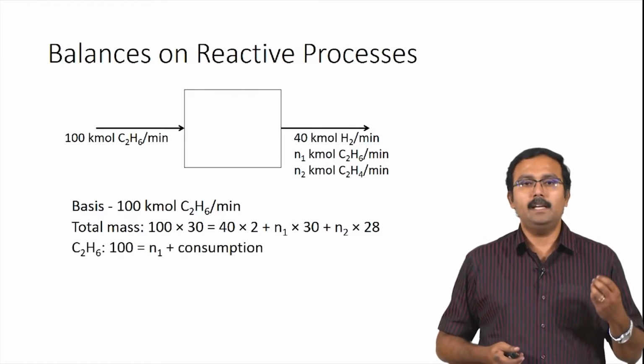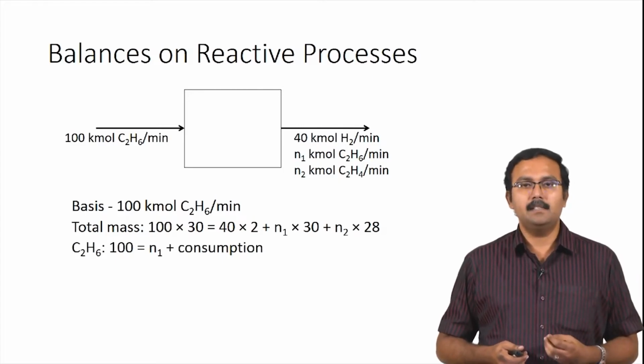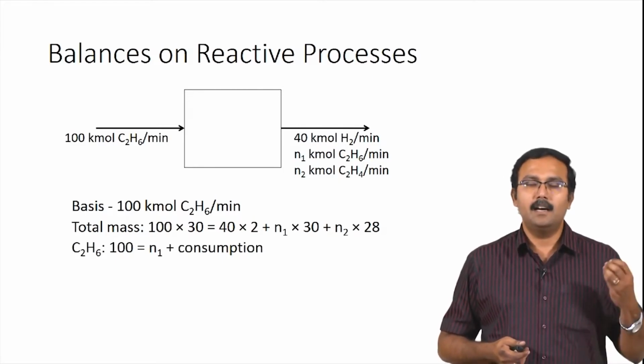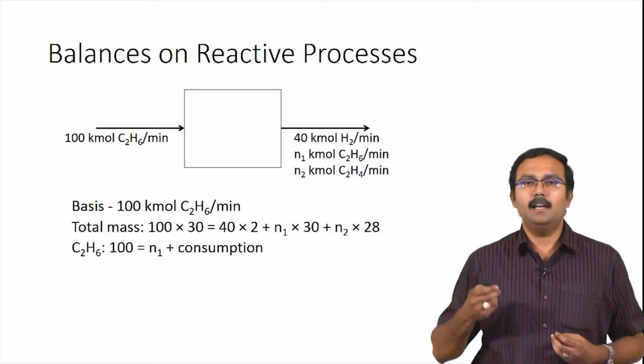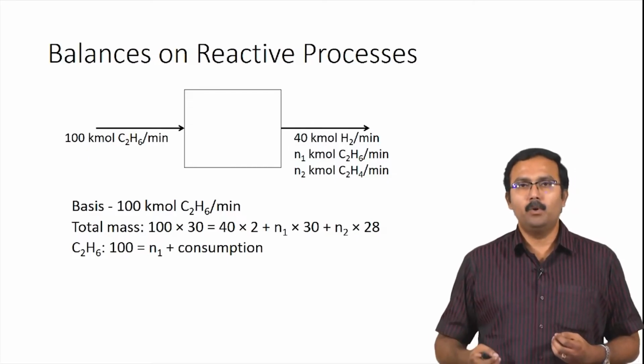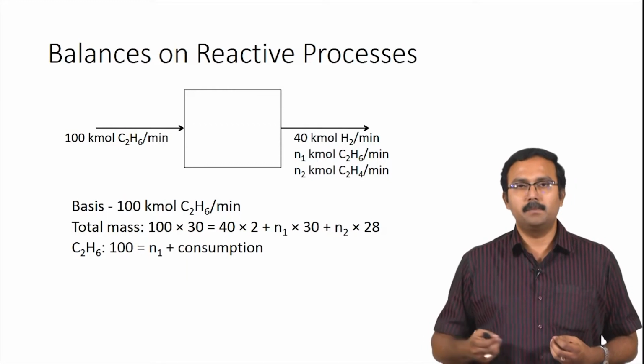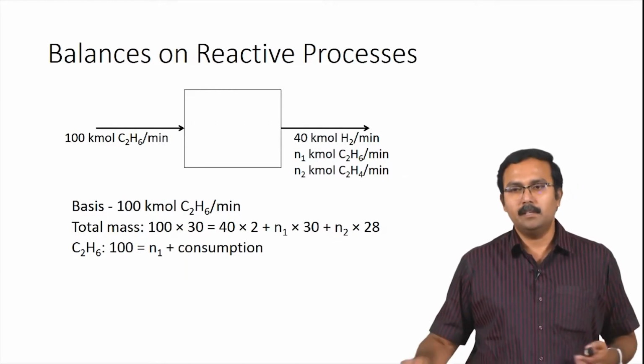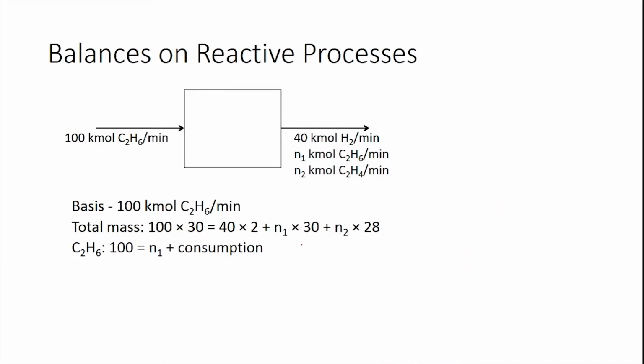Now, we can also write ethane and ethylene balances. Ethane balance is 100 moles entering and this is equal to N1 moles which is leaving plus consumption. So, this equation basically comes down from input minus output plus generation minus consumption equals accumulation. Assuming steady state, accumulation goes to 0. Now, we have an input term for ethane because we know 100 kilomoles of ethane is entering.